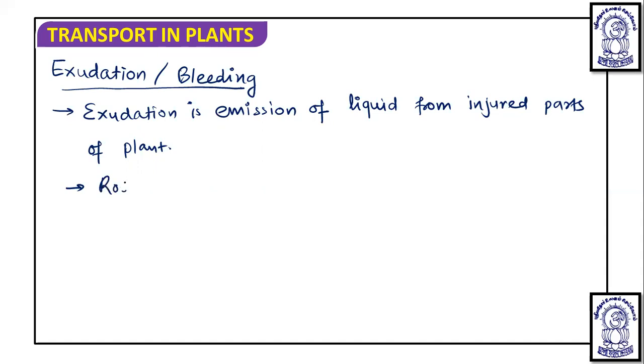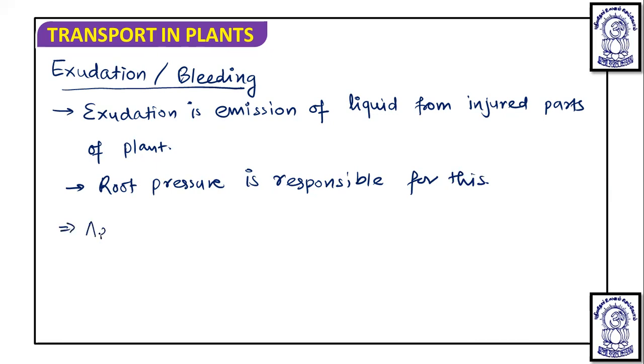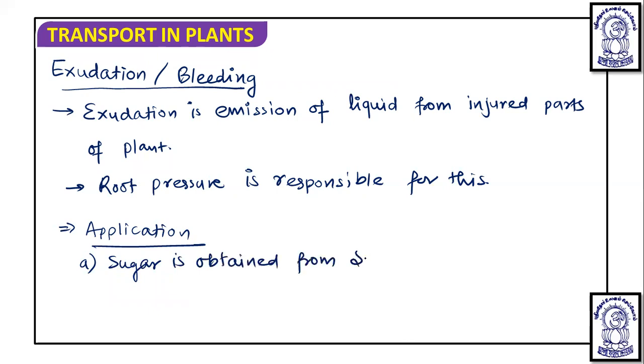And it is known that root pressure is responsible for this. So now how is exudation applicable? If we talk about applications of exudation, then the first is that sugar is obtained from sugar maple, which is due to exudation.